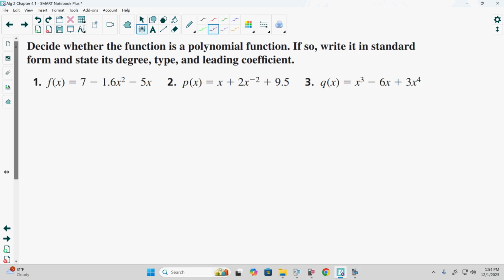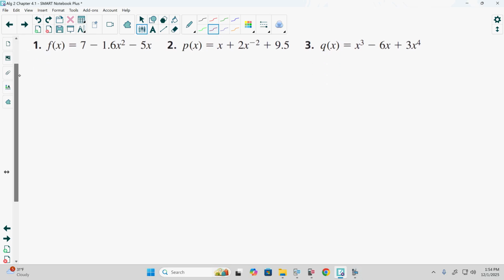Let's look at 2 of these here, and then we'll move on to the next part. We can look at number 1. F of x equals 7 minus 1.6x squared minus 5x. Can we say that this is a polynomial function? If we're not sure, we can go through the list. We don't have any negative exponents attached to variables.